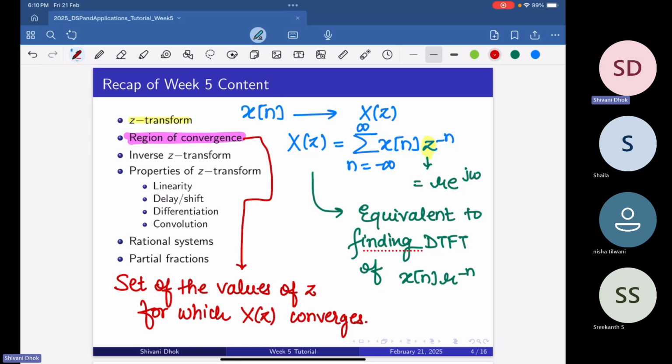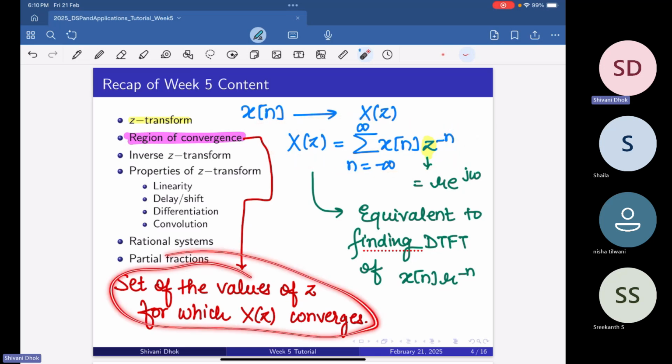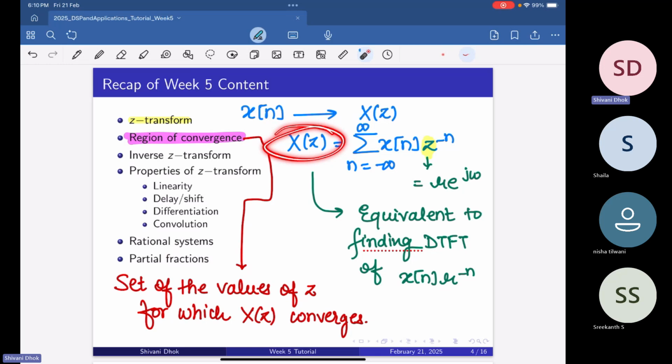When we are defining the Z transform of a particular signal, it is mandatory to give both the things. One is the expression for this x of Z and another is its region of convergence. So this x of Z along with the region of convergence is a unique thing for a given signal.